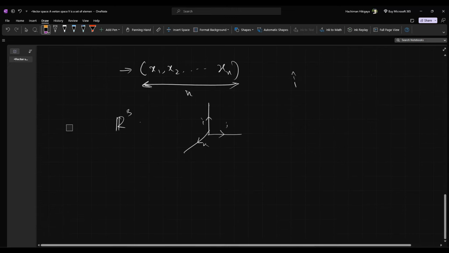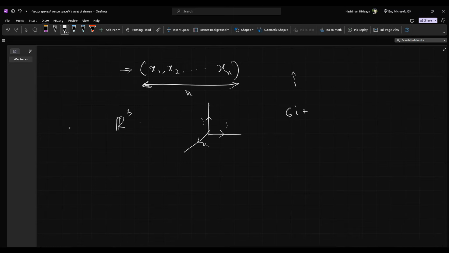If we want to write an element, let's say 6i plus 4j plus 3k, we write them as 6 times i, 4 times j, and 3 times k. All the elements in R3 can be written as some linear combination of ijk. That's why we call ijk our basis.